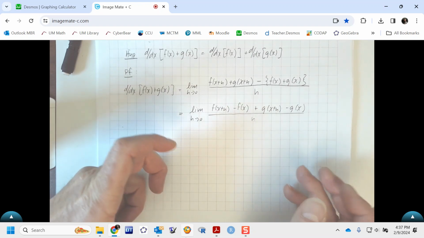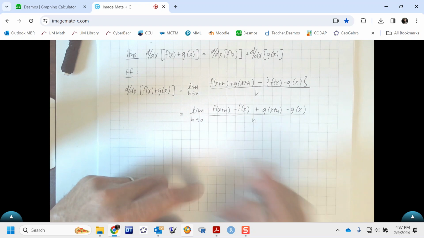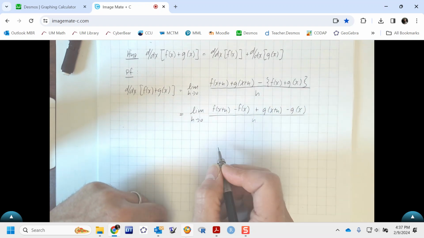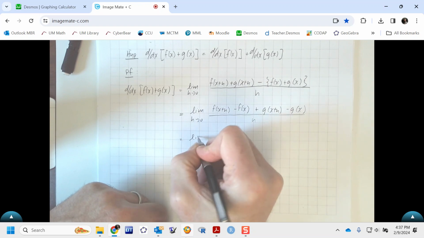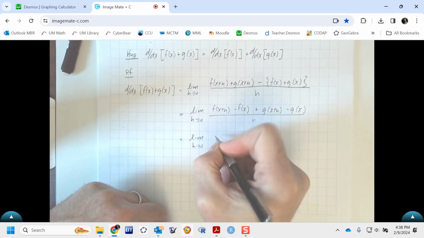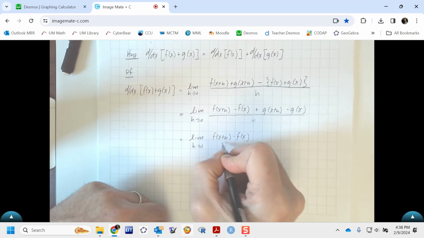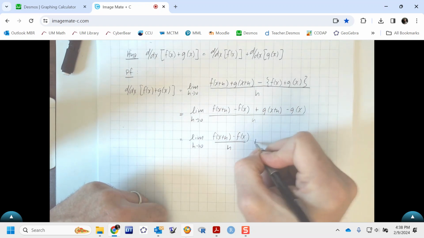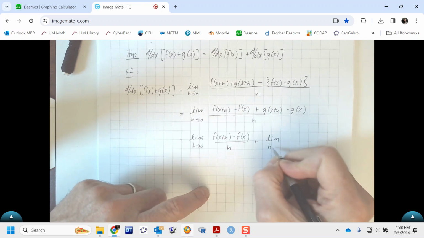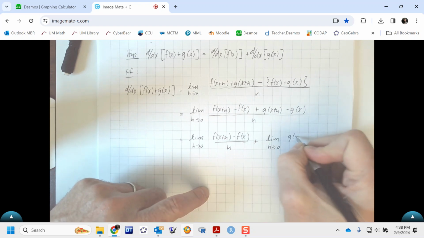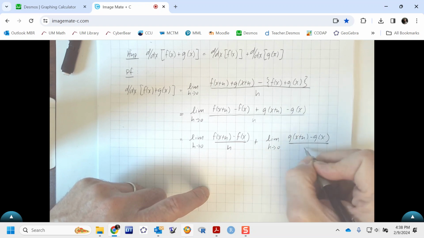So knowing what I know about fractions, I could say that this fraction over h plus this fraction over h is equal to what's written here. So I guess I could rewrite this as the limit as h goes to 0 of f of x plus h minus f of x all over h, plus I'm going to go ahead and distribute the limit to the other piece too, as h goes to 0 of g of x plus h minus g of x all over h.